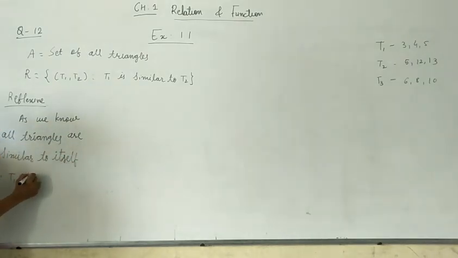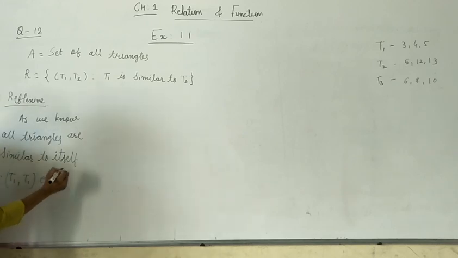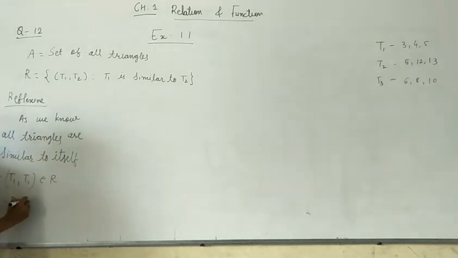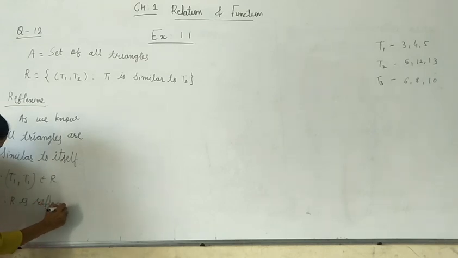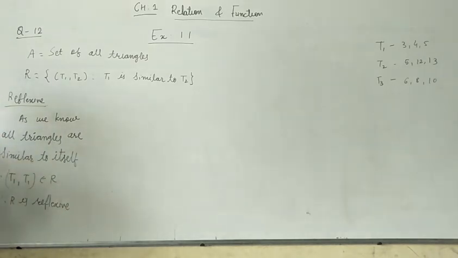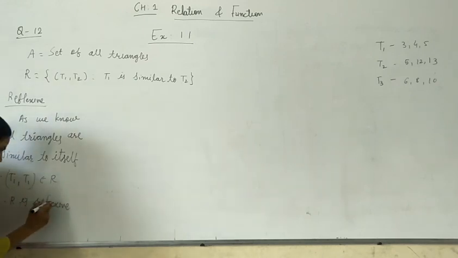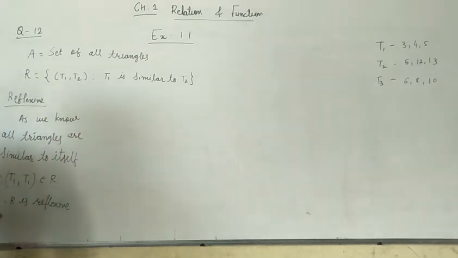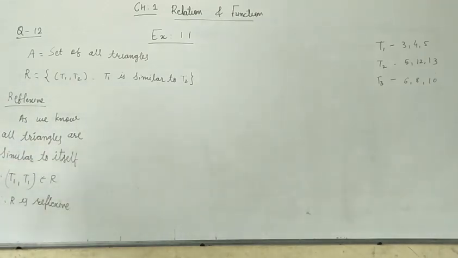Therefore, T1, T1 belongs to R. Therefore, R is reflexive. So reflexivity is done, as every triangle is similar to itself.